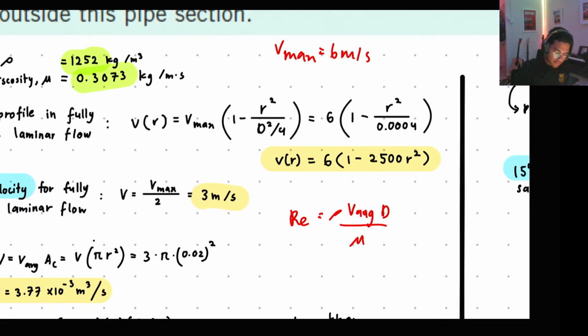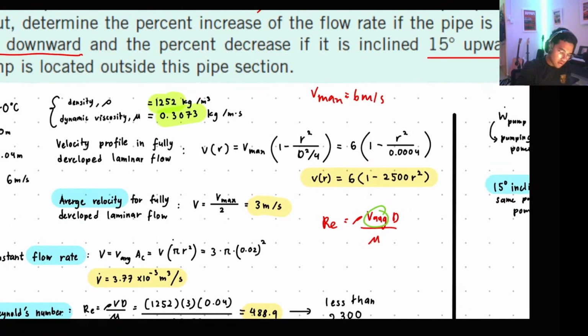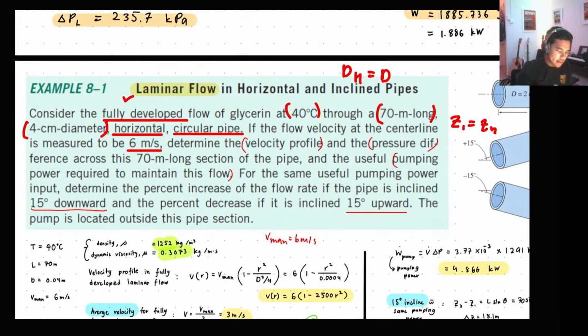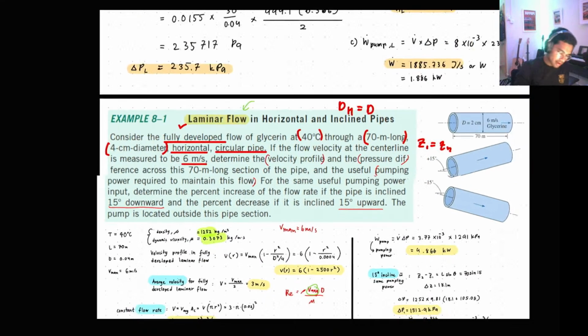So we need to find V average. This is the velocity profile in a fully developed laminar flow. Since it says laminar, automatically we are using the laminar equations.